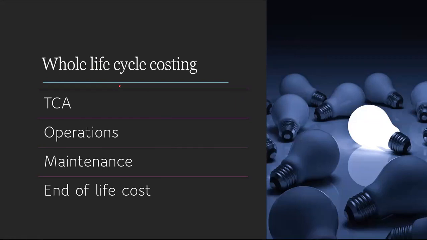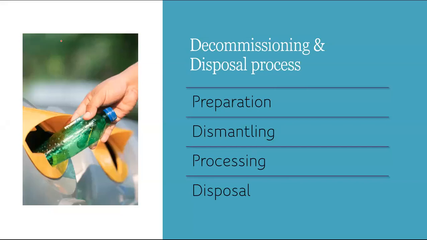But recently the questions are different. They don't simply ask about the elements, as that type of question is too easy for every student. So they tend to ask different questions on this topic, like the decommissioning and disposal process.